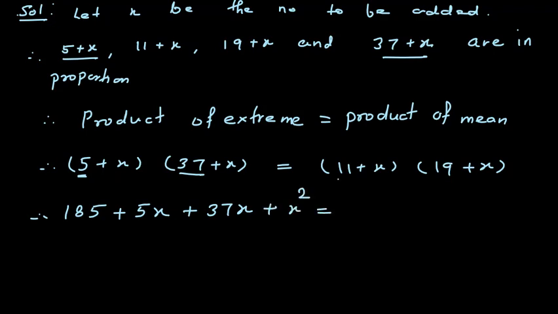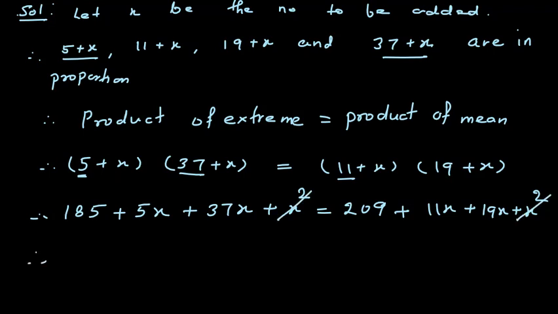This is equal to, now here 11 into 19, so 11 9s are 99, 9 carry, 11 1s are 11 plus 9 it is 20. So 209 plus 11 into x is 11x plus 19 into x is 19x plus x into x is x square. Now this x square and this x square will cancel.